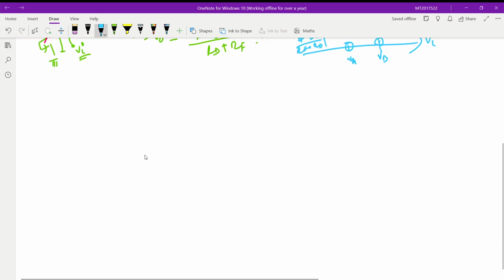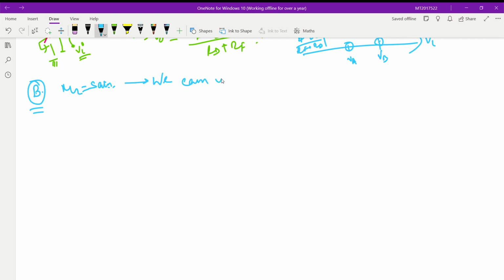Let us try to find out the voltage in the region B. So we know that the transistor is in saturation, so we can use small signal analysis to find out VO by VI.